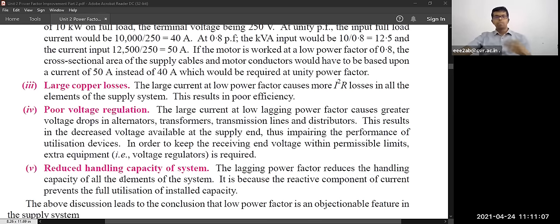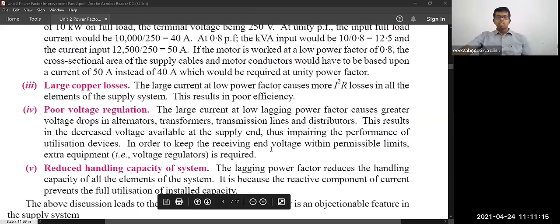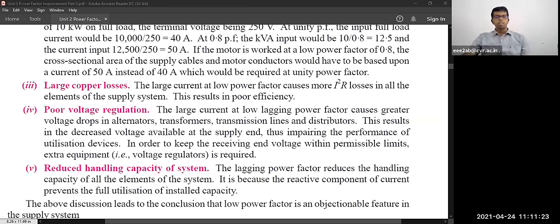To safeguard those appliances we go for extra voltage regulators, so the cost will be increased. A voltage regulator will cost about 3,000, 3,500, 4,000 rupees. We need to spend on that alone.